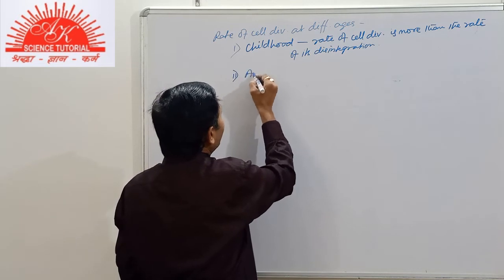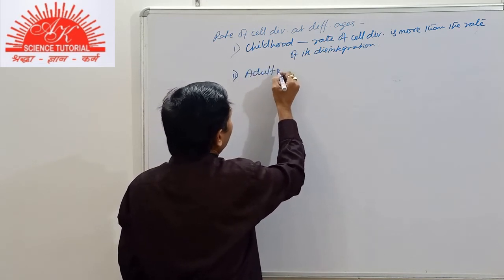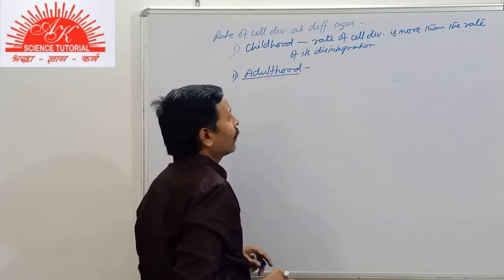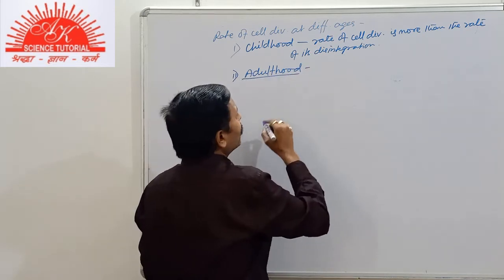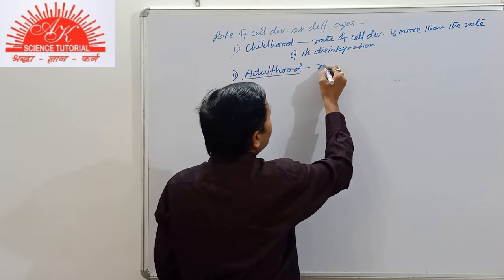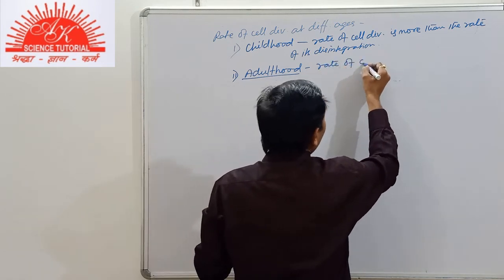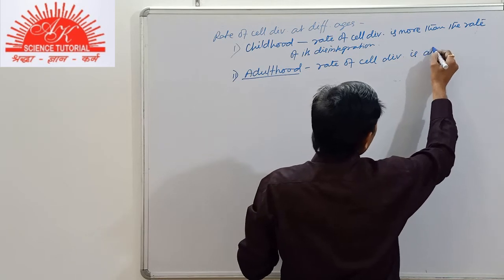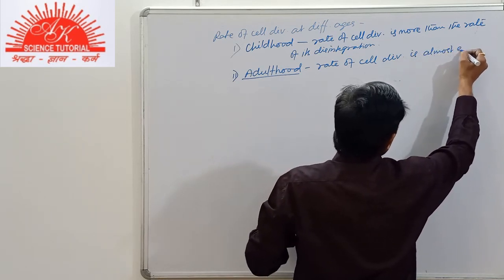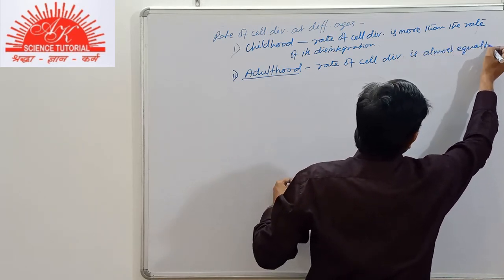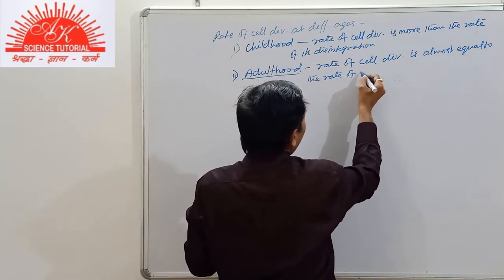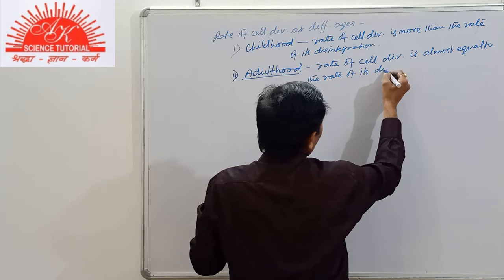Next, adulthood. In adulthood, the rate of cell division is almost equal to the rate of its disintegration.